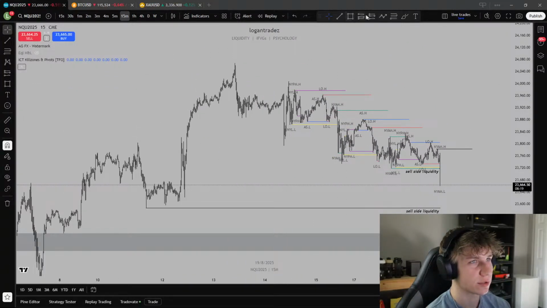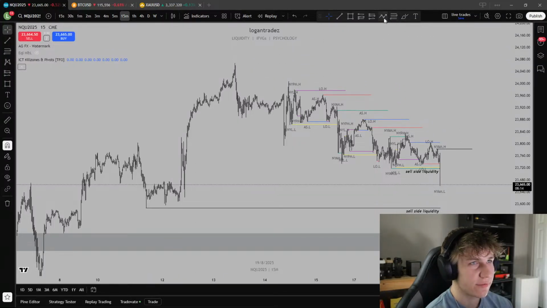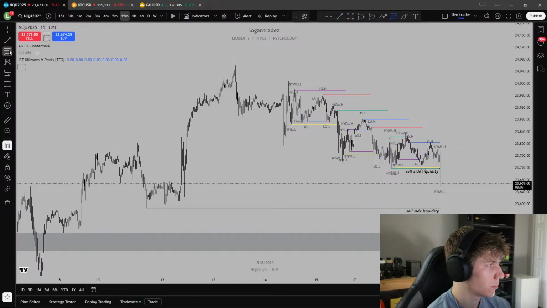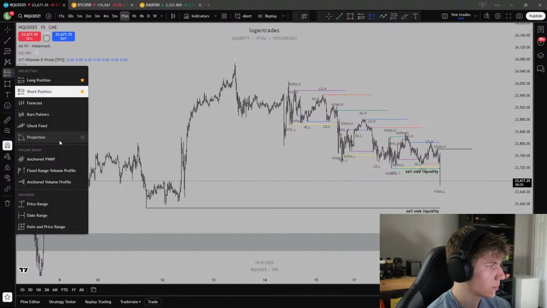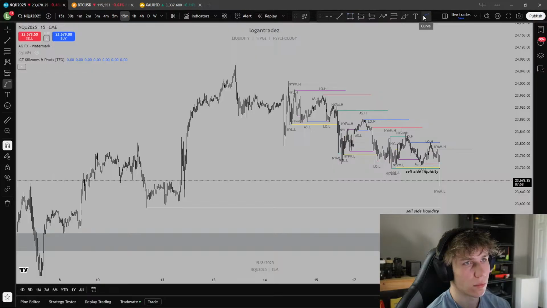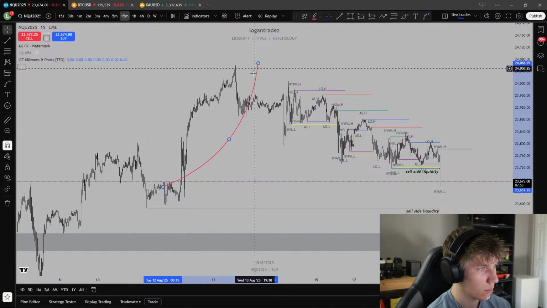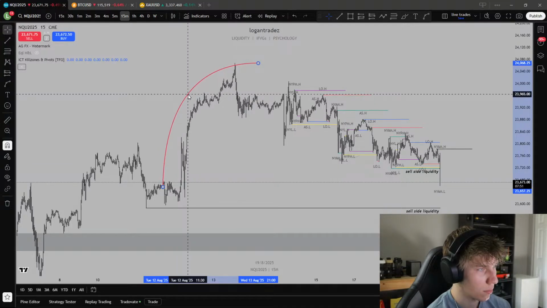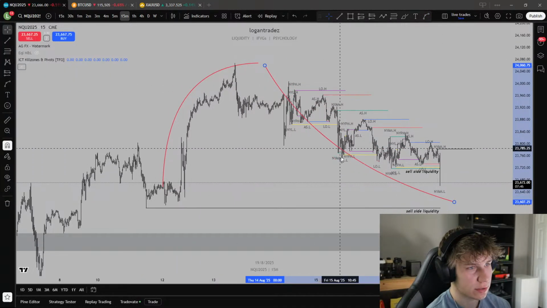A higher time frame just looks bearish here. Could be a higher time frame market maker sell model. Where would the market maker sell model thing be? Could just be market maker sell model.